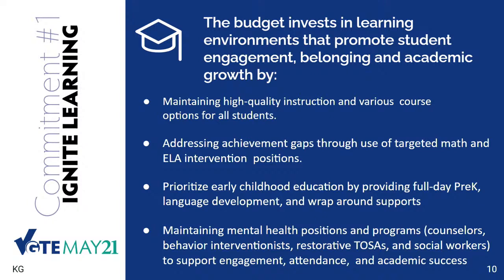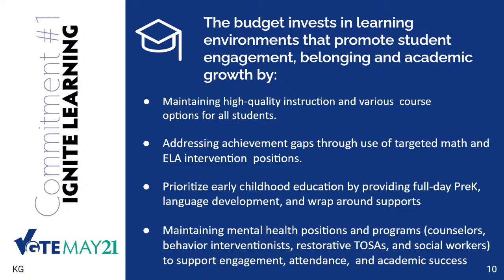The second bullet is really looking at continuing to address achievement gaps through the use of targeted math and ELA interventions. So those are our interventionists. Years ago, we weren't able to support all of our interventionists. We have gradually been able to add back interventionists and are seeing really good things in terms of data and improvement because we now have appropriate people to service kids.